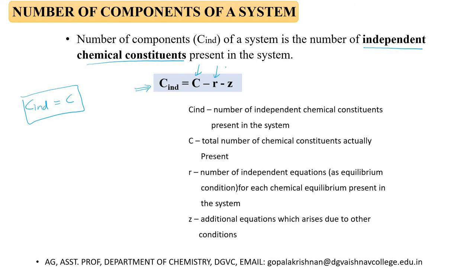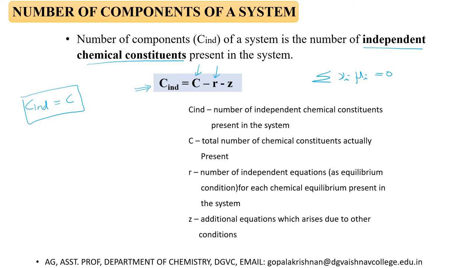What is R? Suppose there are chemical equilibria between the constituents. For each chemical equilibrium we apply the condition for chemical equilibrium, that is, we write the summation of nu i into the chemical potential of each component. This summation should be equal to 0.